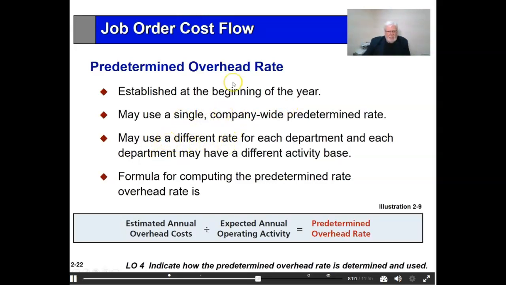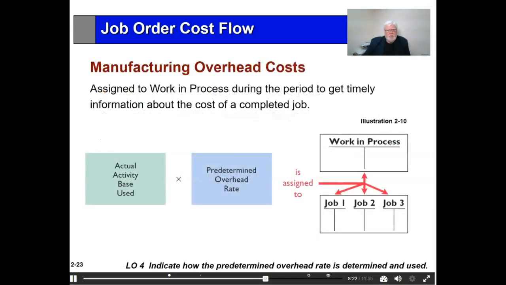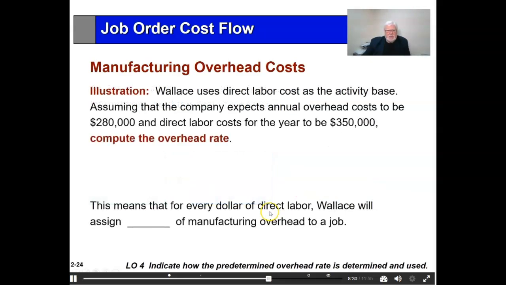We can have different ones for different departments, but basically the formula is this: estimated annual overhead costs divided by estimated annual operating activity, and that gives us a predetermined overhead rate, which we apply to production based on the actual consumption of the activity base. So here's how we go. Actual activity base used times the overhead rate, and that's how we assign it to the jobs.